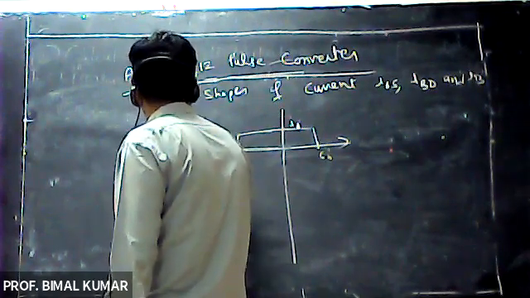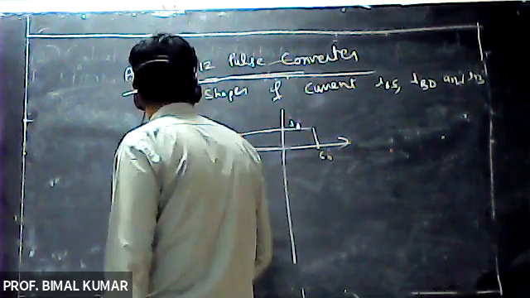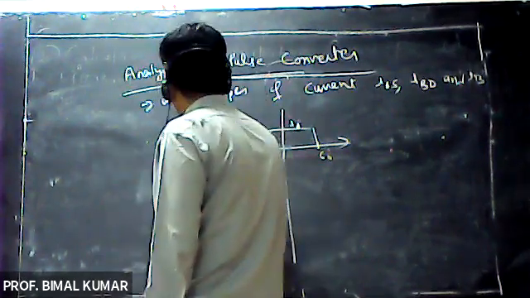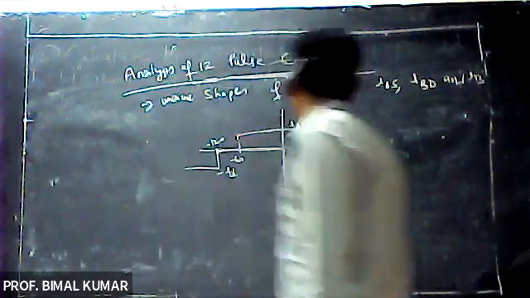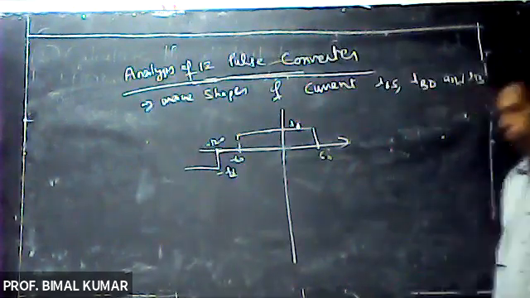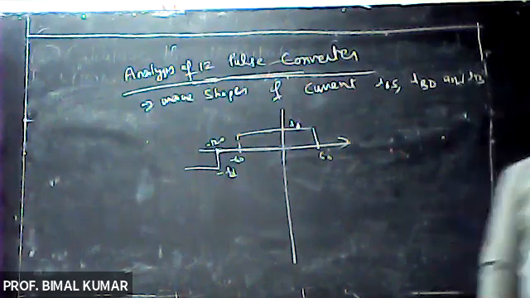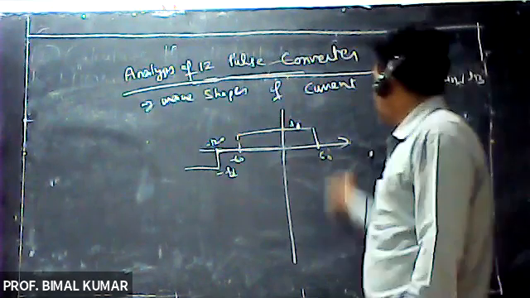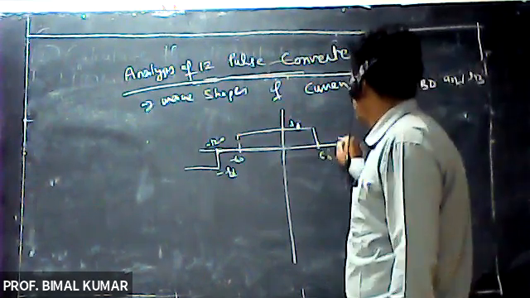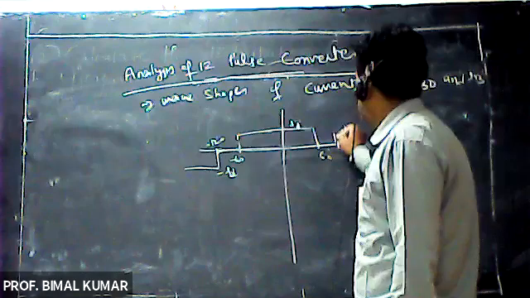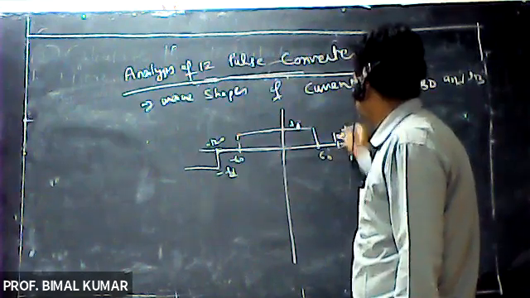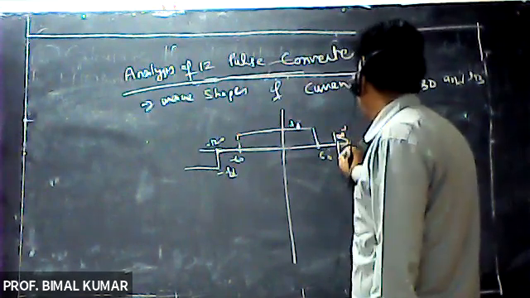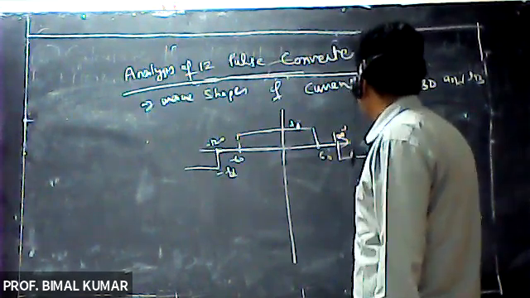And after minus 120, there will again be a negative pulse of the value minus ID. Right. Now, on the positive side, from 60 degree to 120 degree, the output is 0, and after 120 degree, you will again get minus ID.